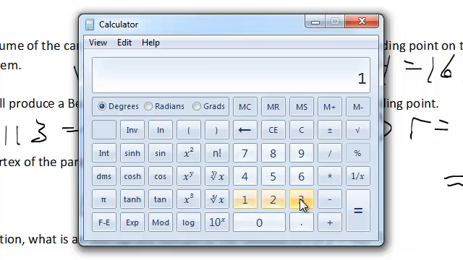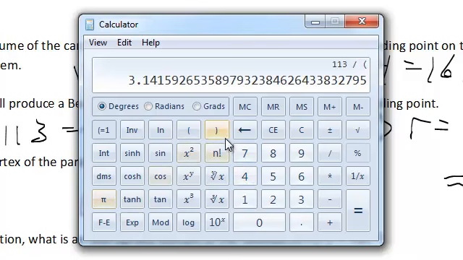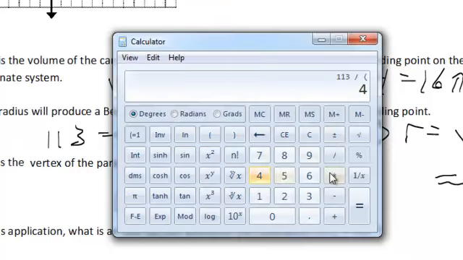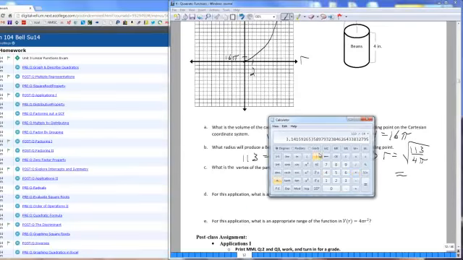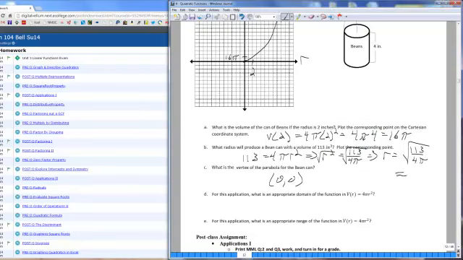Let's do 113 divided by, open parenthesis, 4 times pi, close parenthesis, equals, and then I'm going to square root it. So approximately 3 inches.